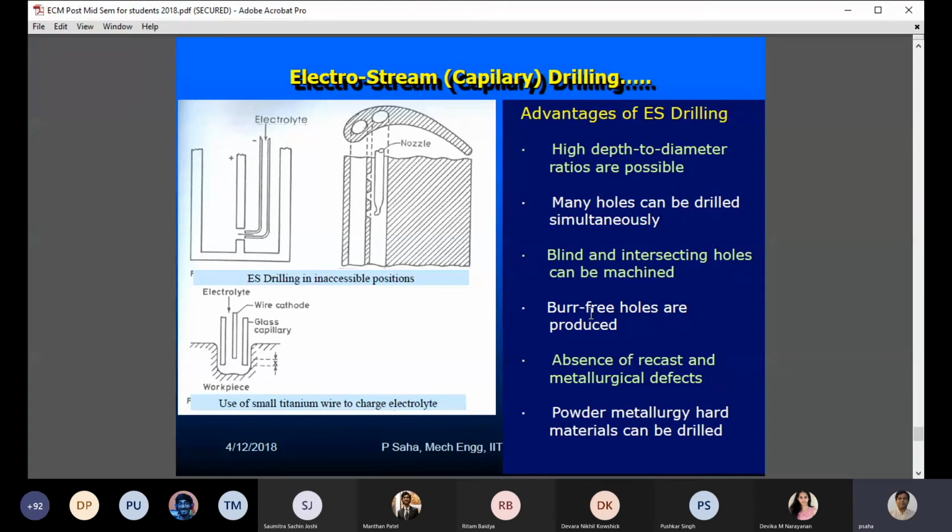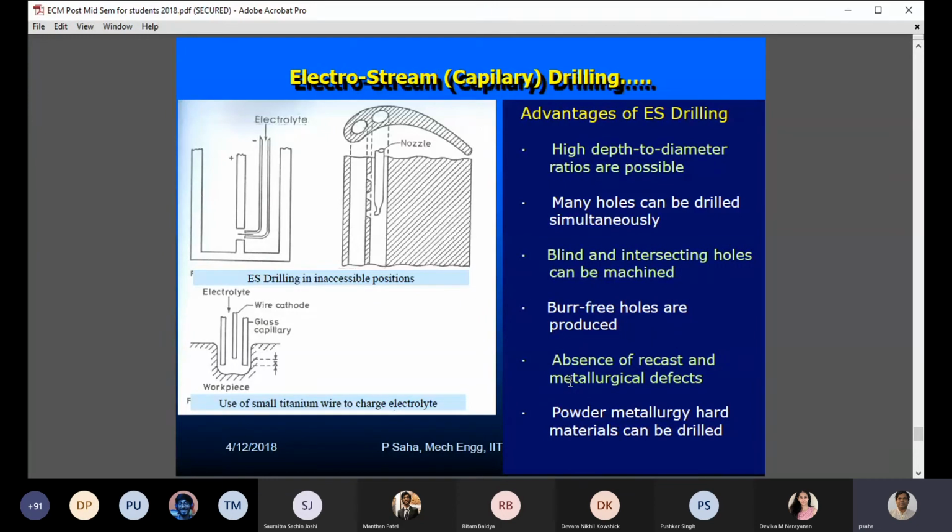Okay, in micron size we will be able to create them, and because it is an ECM process, there won't be any recast layer or any other metallurgical defect. So here we can machine various types of hard materials, as I said, like different types of super alloys.